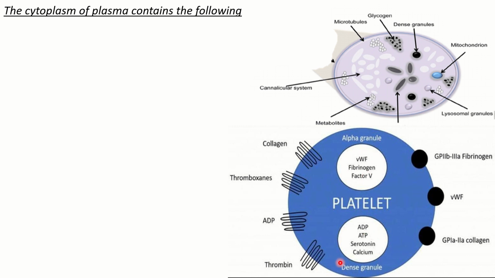Then we have dense granules, which contain non-protein substances, such as ADP, which attracts more platelets to the site of injury, ATP, which then is broken down to ADP, then serotonin, which is a vasoconstrictor, and take note, vasoconstriction is the first response to blood exposure to collagen, or first response to vessel damage, right? Then also calcium.